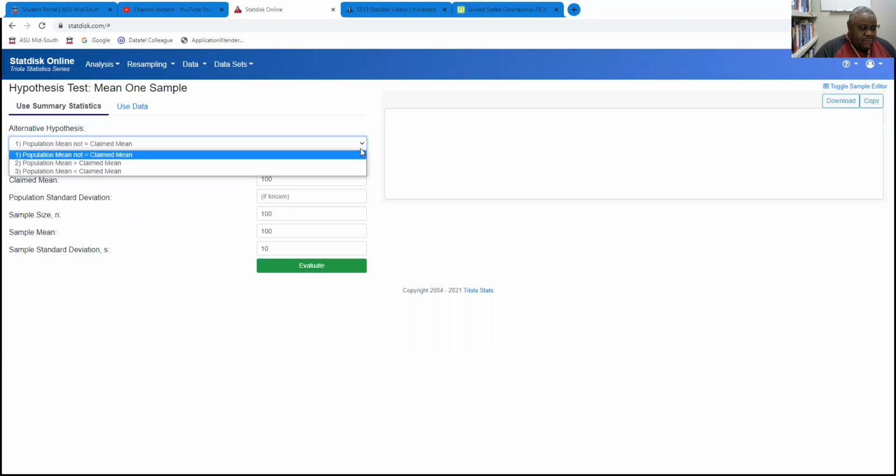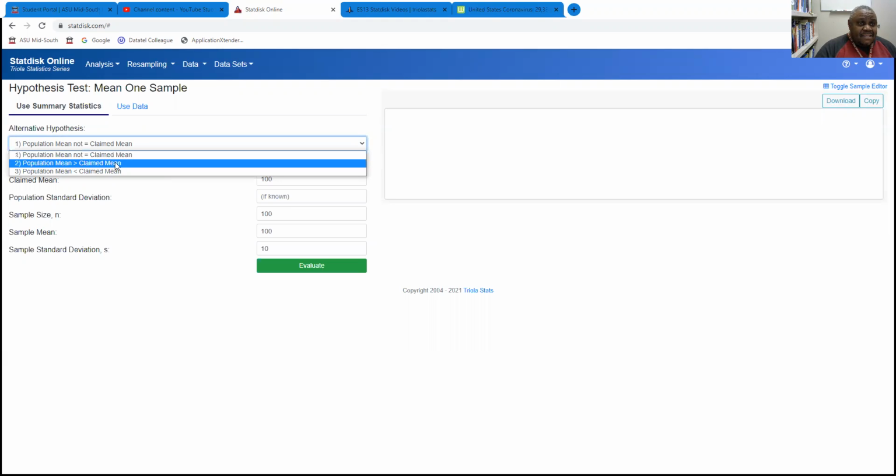So in that particular problem, we're using a 0.05 significance level to test a claim that this sample is from a population with a mean weight greater than 2.5. So we need to select this option that says population mean greater than the claimed mean. That's the one we want for this sample problem number 2.